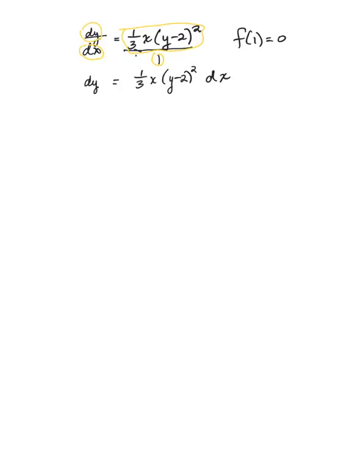All right. Now, here we have to separate the variables because notice that this expression is on the dx side. So what we'll do is we're going to divide each side by y minus 2 squared.